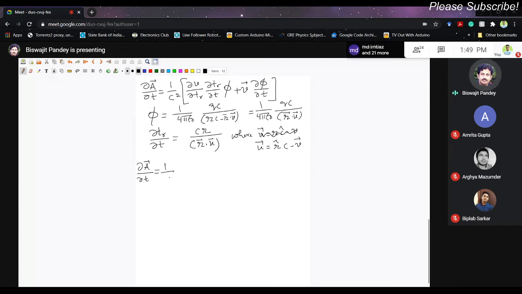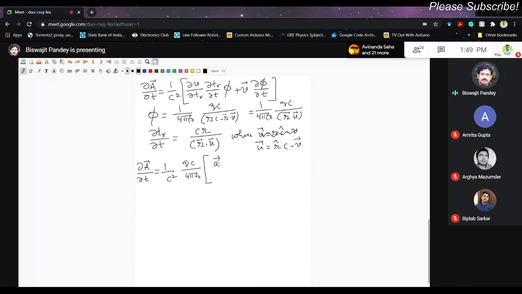I am not jumping steps, I have 1 by c square. Let us take this outside from pi qc by 4 pi epsilon 0, I wrote that. So what is inside? We have del v del tr, which is acceleration, right? Let me write it to be acceleration a, and then we have del tr del t.